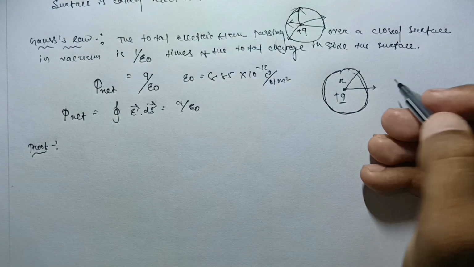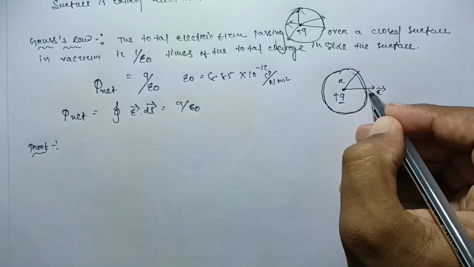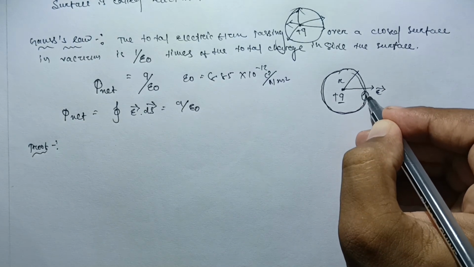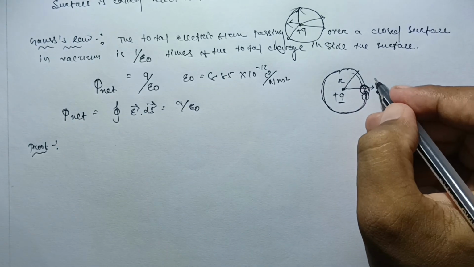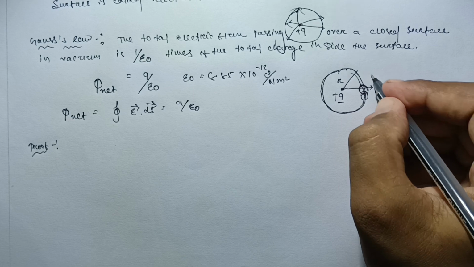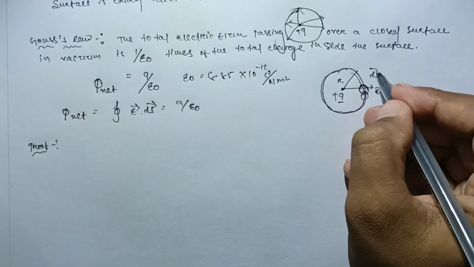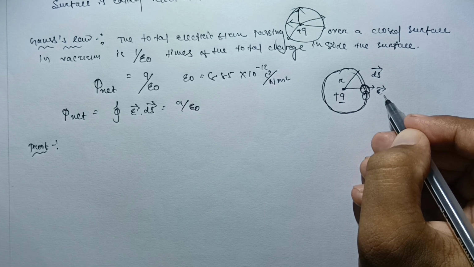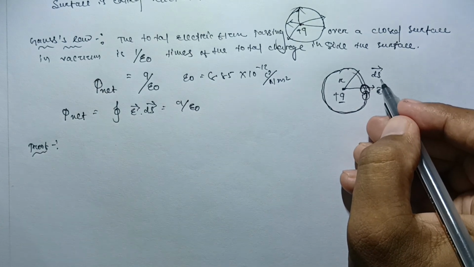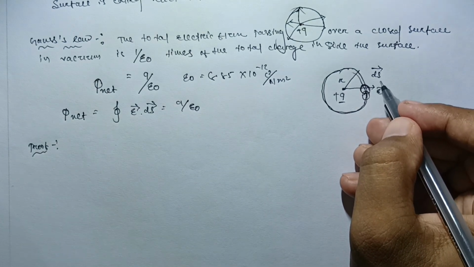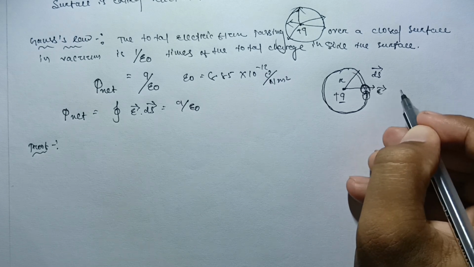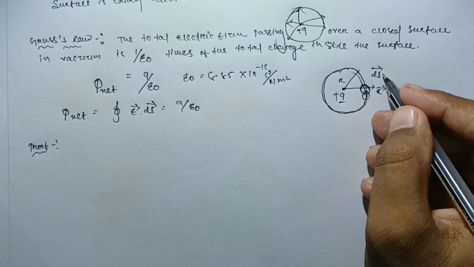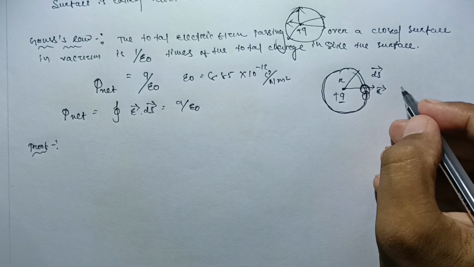If we consider a small area ds, now the direction of ds is also the same as the electric field, right? Because the direction of area is always perpendicular to the surface, right? So the angle between ds and E vector is 0 degree, right?